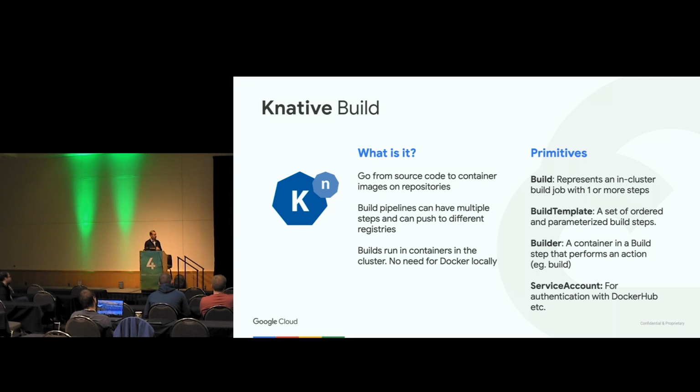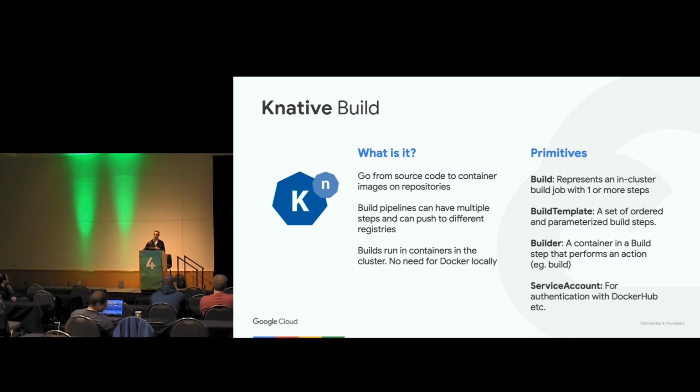The good thing is that it basically enables you to build things within your cluster without you having to have Docker locally. There are some primitives with Knative Build. First is called build. It's basically a combination of one or more steps. So it can be a single step or it can be multiple steps, and it can be ordered as well.